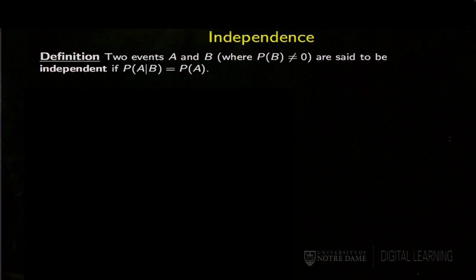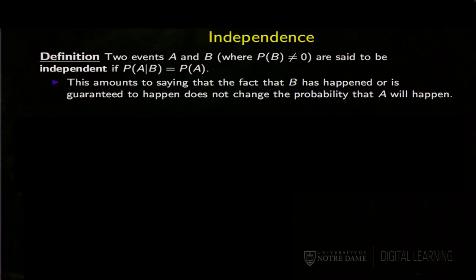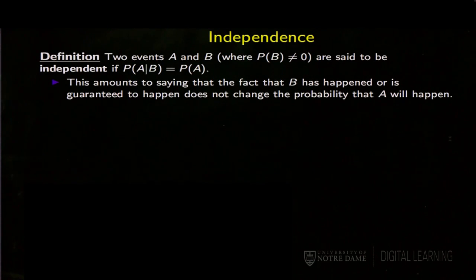Here's the formal definition. We say two events A and B where the probability of B is not 0 are independent if the probability of A given B equals the probability of A. So this amounts to saying the fact that B has happened or is guaranteed to happen doesn't change the probability that A will happen.